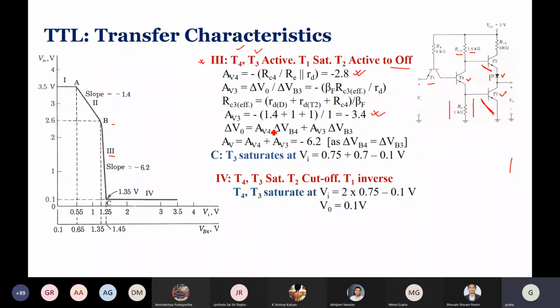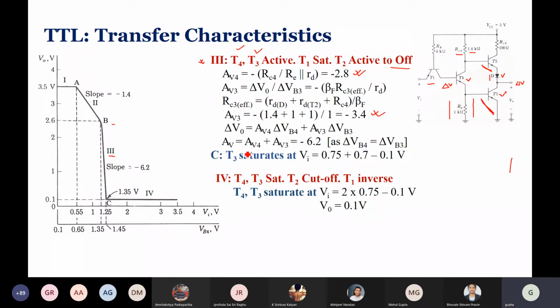Now over here, the change in voltage that occurs in this place reflects the change over here, where gain of this plus gain of this, these are to be considered together.